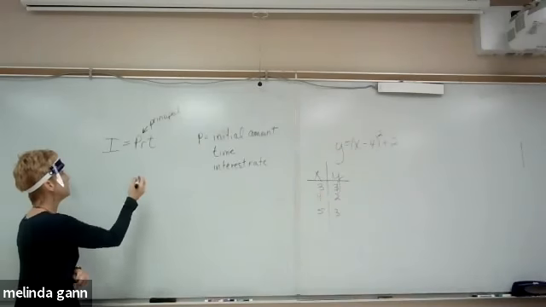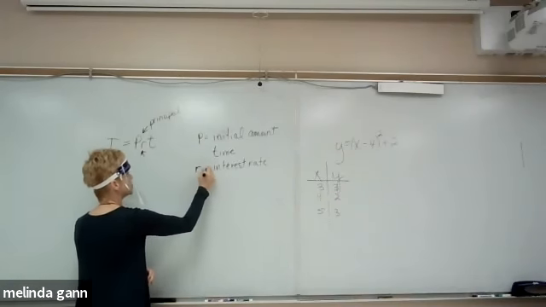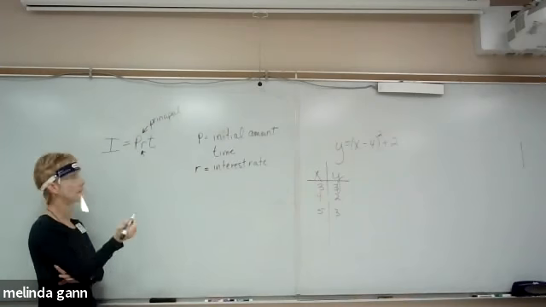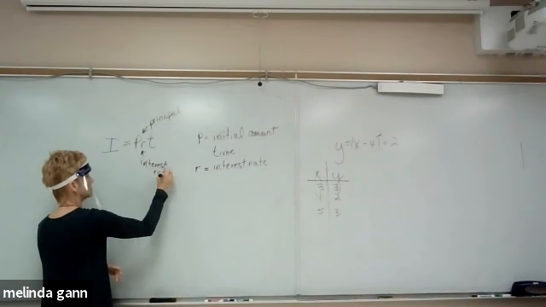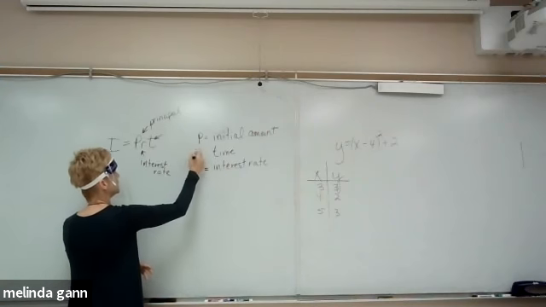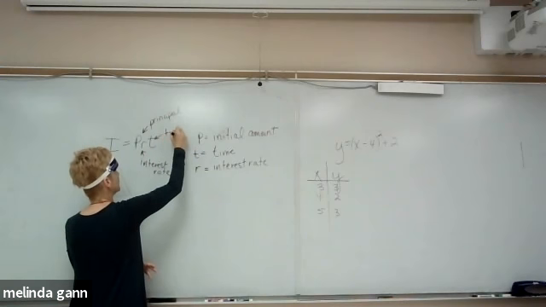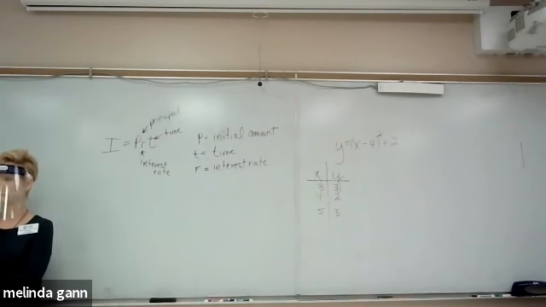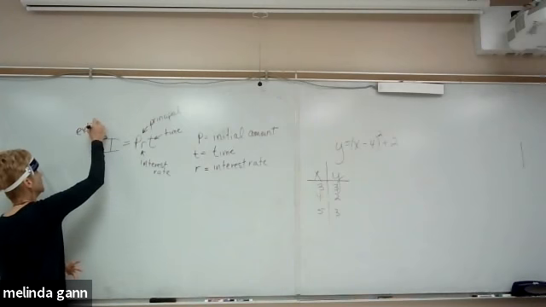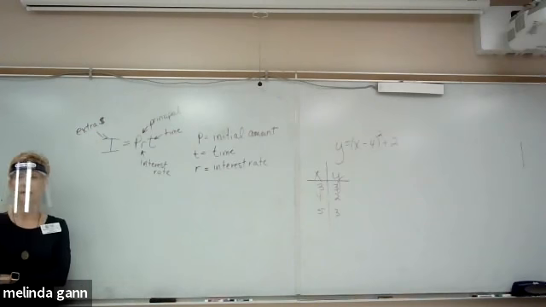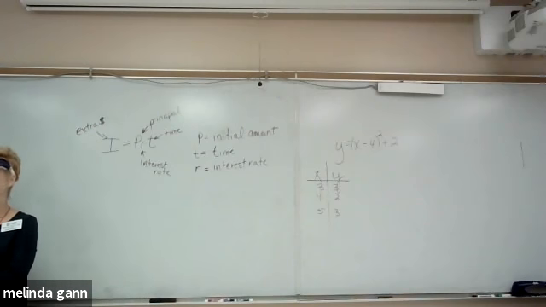This R stands for your interest rate. And this T does stand for time. How long are we talking about? And then this interest is the extra money. Now, if you're borrowing the money, that's the extra money that you pay them. If you have a savings account, that's the extra money that they pay you.